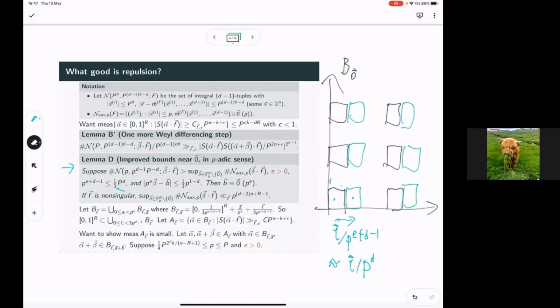So one should think of B subscript L as being your basic neighborhood displaced by something like L over capital P to the D, where L here is an integer vector.